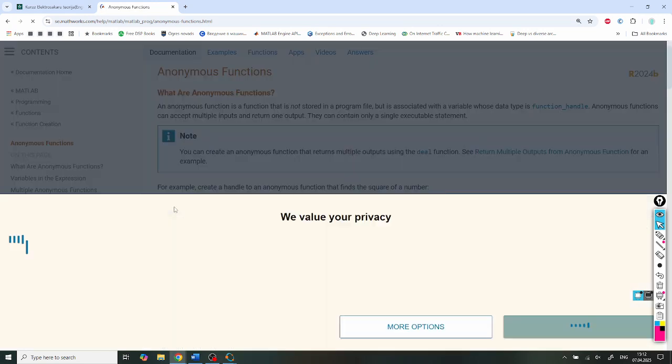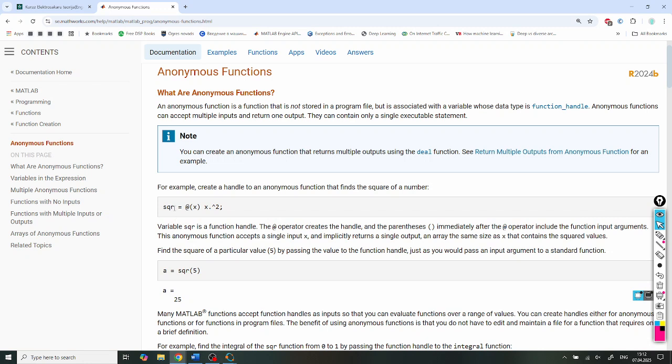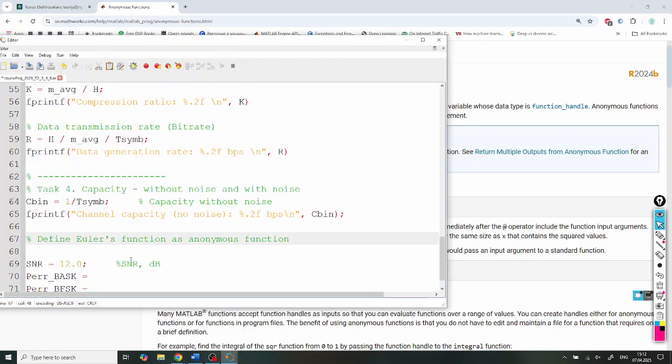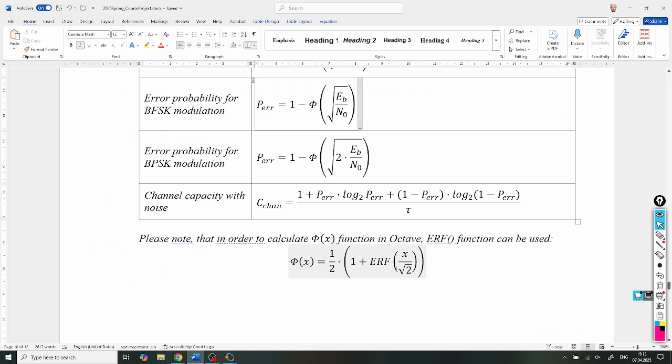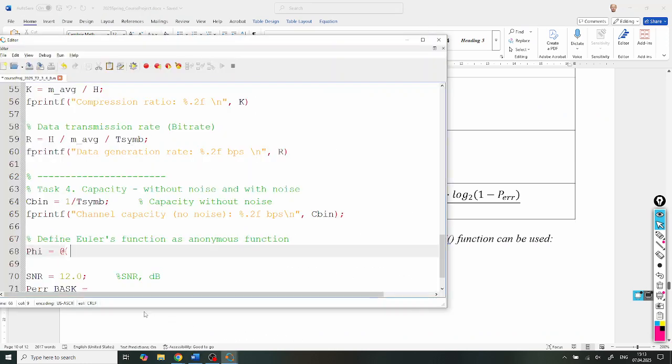So you specify the name of the function you want to set equal, then put the at sign, the argument you want to use inside that function, and then the function expression itself. So in our case, considering we'll call the function phi, and that will be a function of x.